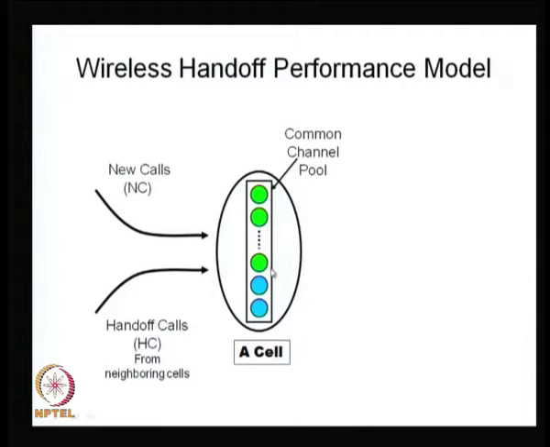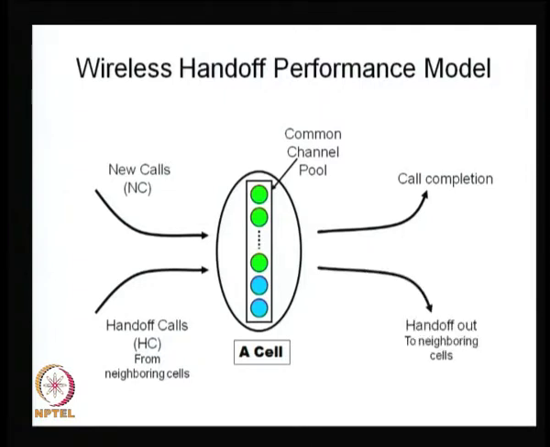If there is a bandwidth or channel available, then the call will be allotted, and after the call is completed, the channel will be released. There are two types of call completion also. Either the call is completed within the cell itself, not moving anywhere, or due to mobility the call, whether originated within the cell or coming from a neighbor cell, can last only part of its time in the cell and move to another cell.